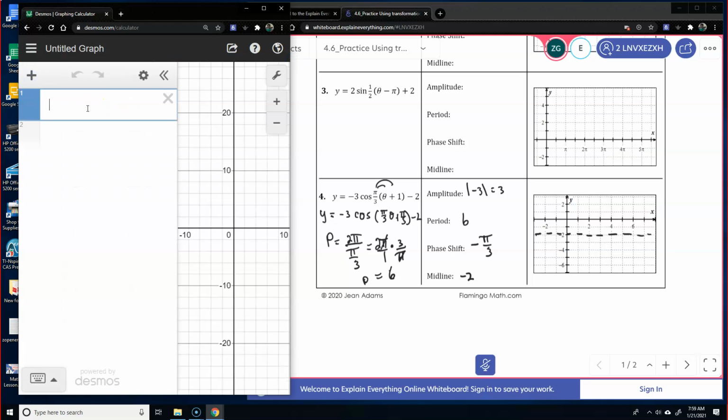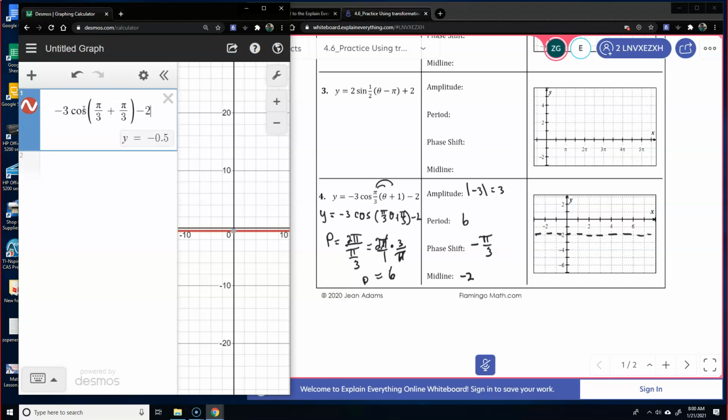So I have y equals -3 cosine, parentheses, pi divided by 3 plus pi divided by 3, minus 2.